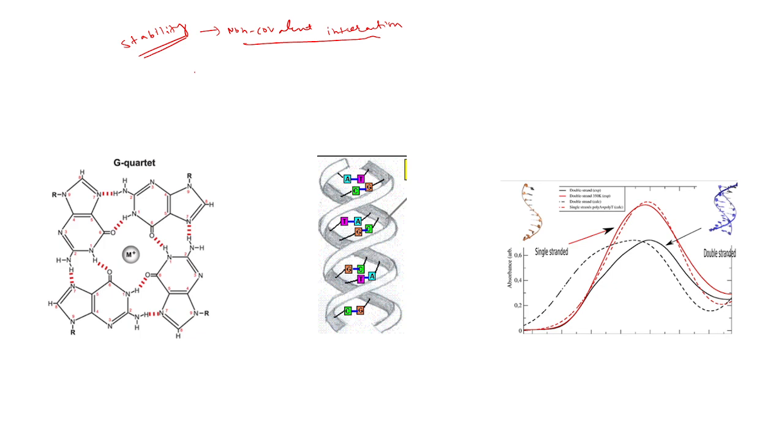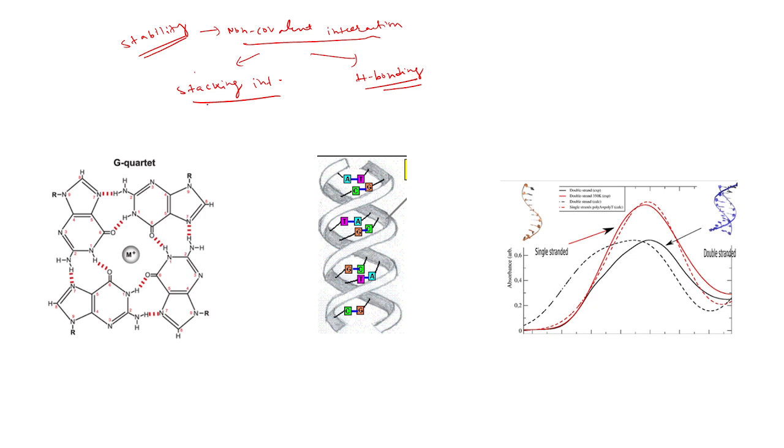There are 2 types of interaction that provide the stability. The non-covalent can be 2 types. One is called the stacking interaction, and another is called the hydrogen bonding.